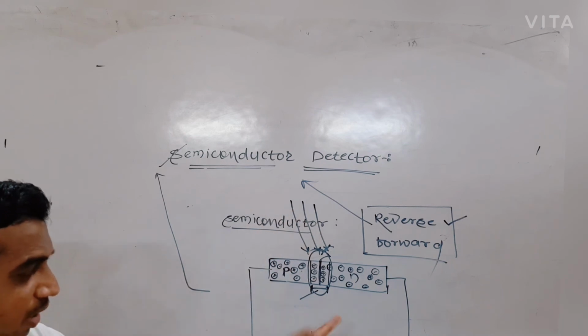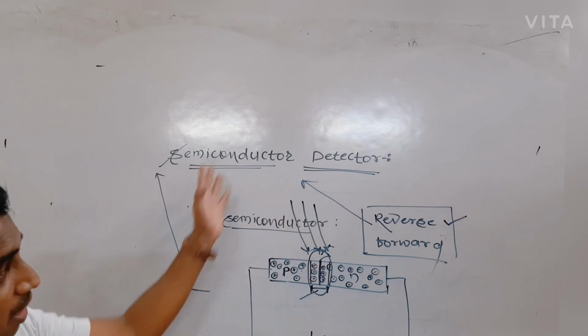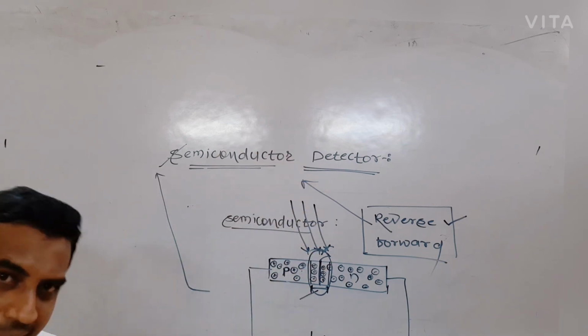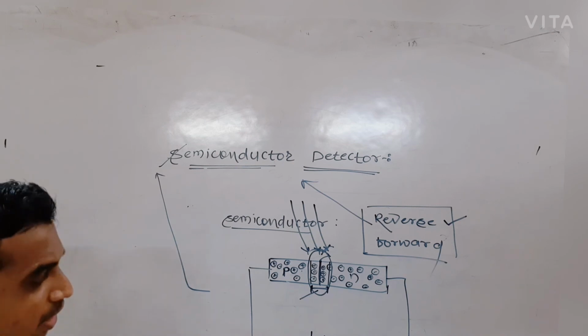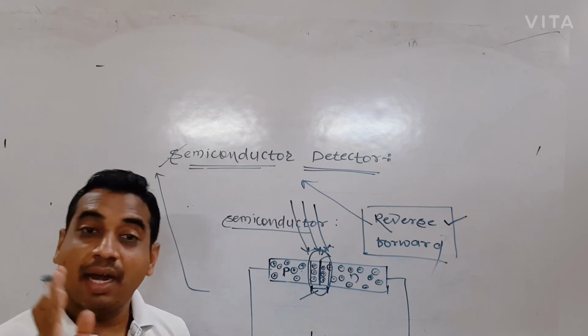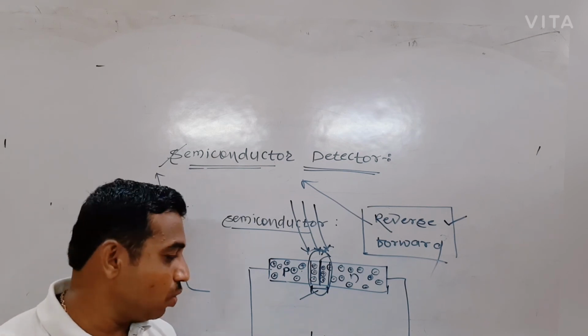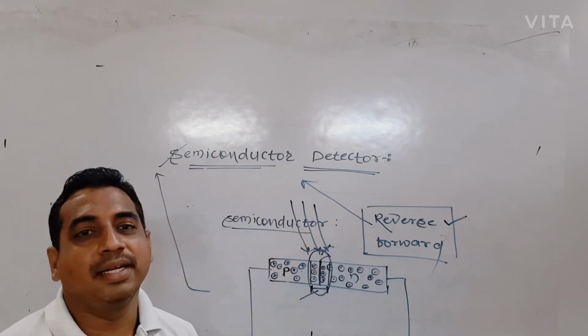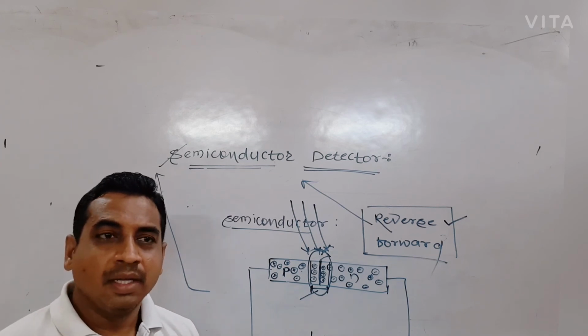These also work in reverse bias. Similarly, in semiconductor detectors, we plant the PN junction semiconductor, and it also works in reverse bias.